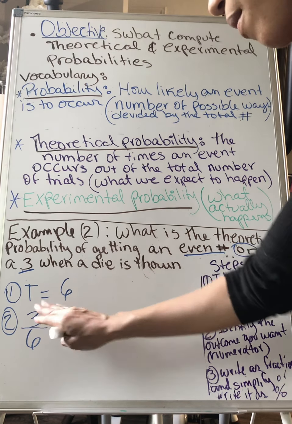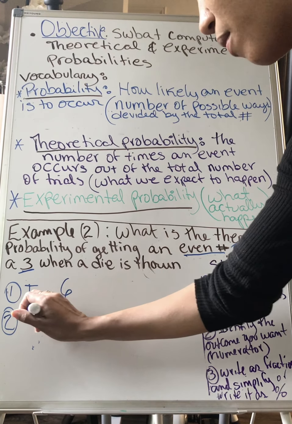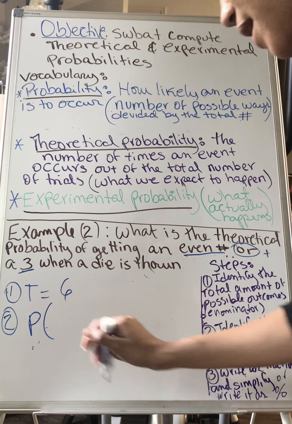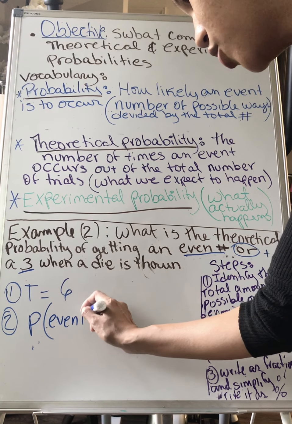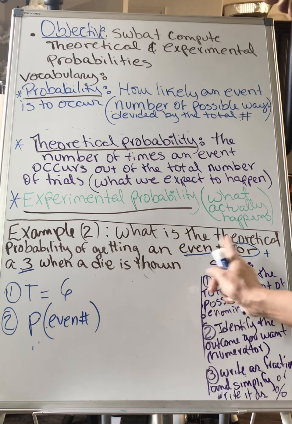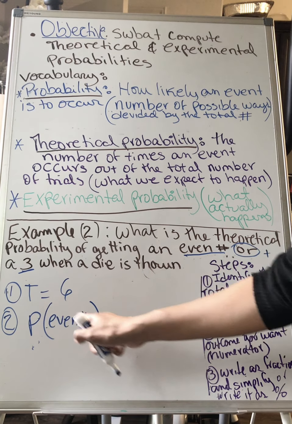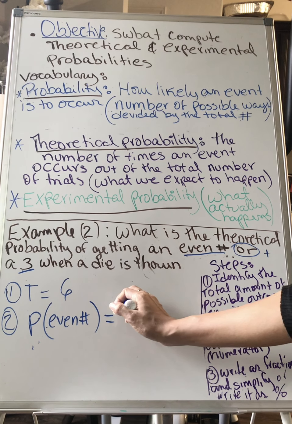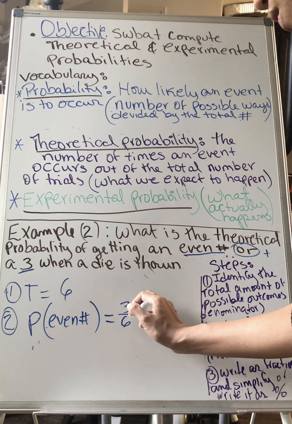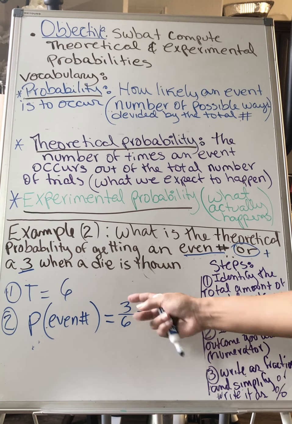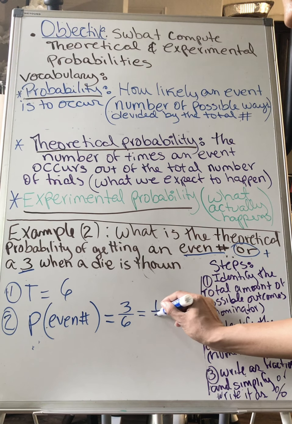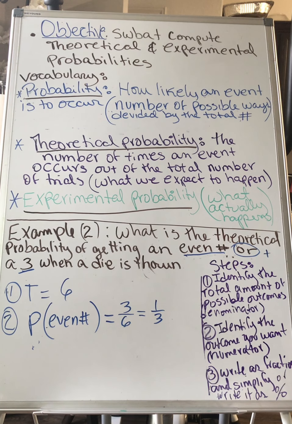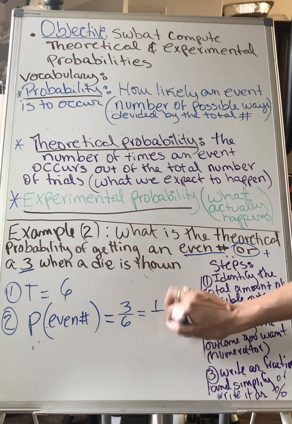So I'm going to write down probability of getting an even number, so that I know which probability I'm referring to, because there are 2 different probabilities here. Probability of an even number is going to be 3 out of 6, which when I simplify that, I can divide both numbers by 3. It's 1/2, right? I'm sorry, not 1/3, 1/2.